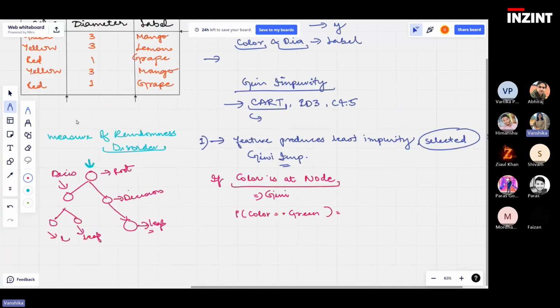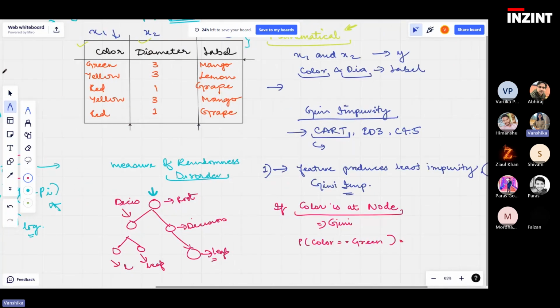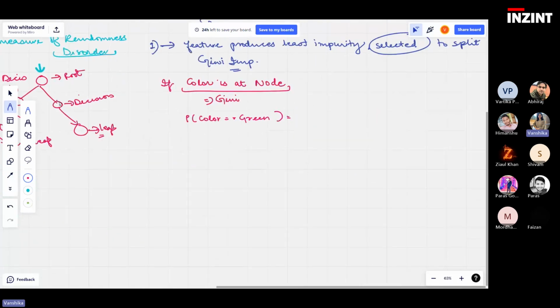Please go to the data and see how many colors there are. We have 5 colors, and out of these 5, only one is green, right? So the probability of a label being green is 1 by 5, that is 0.2.